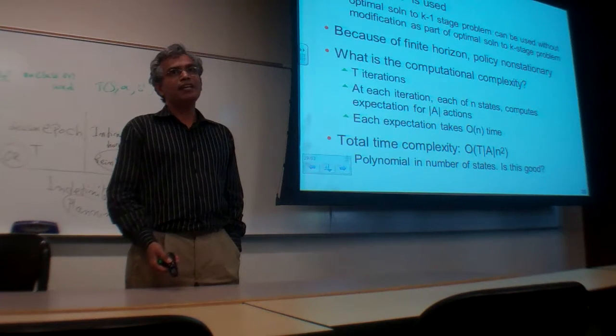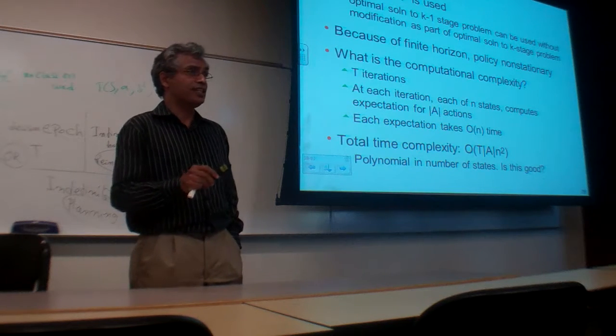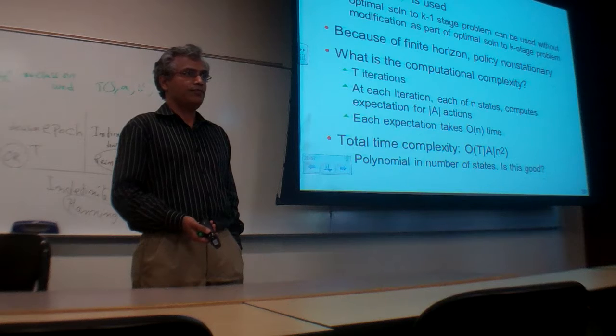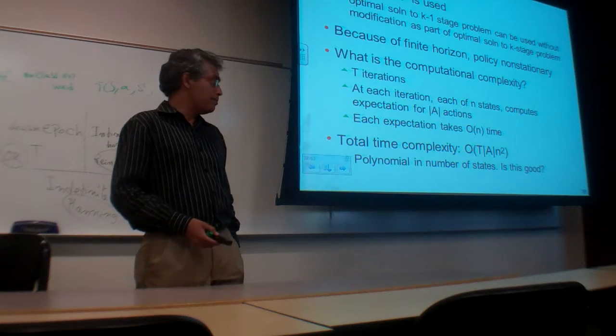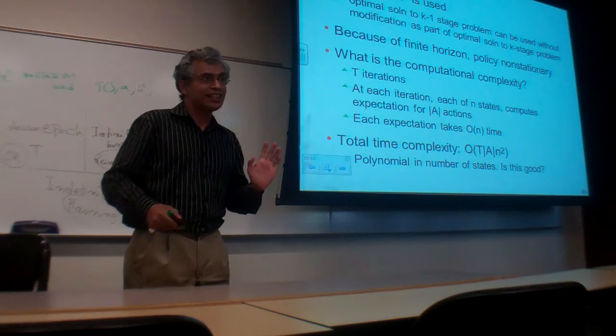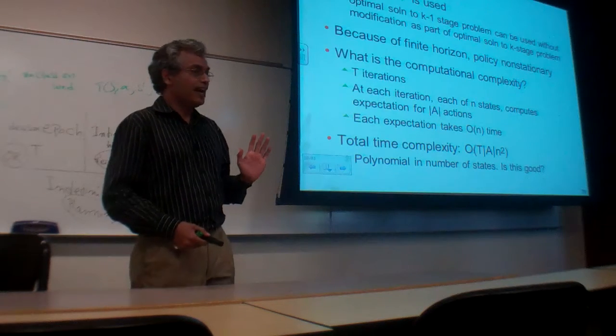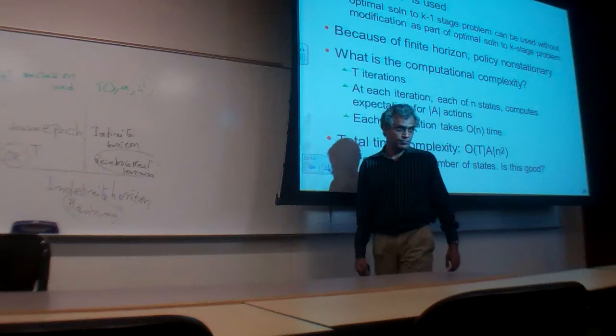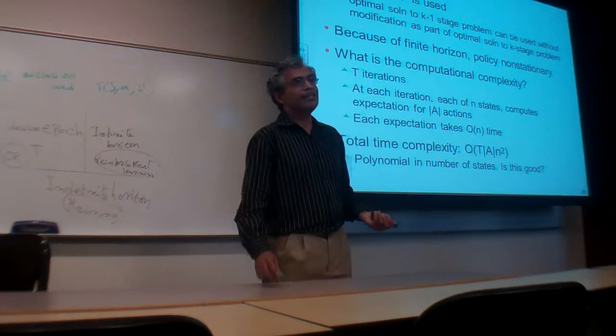If, on the other hand, the input is given in a compact representation where states are represented in terms of state variables, then basically the input is logarithmic in the number of states, and so this is suddenly exponential in the input. It depends.